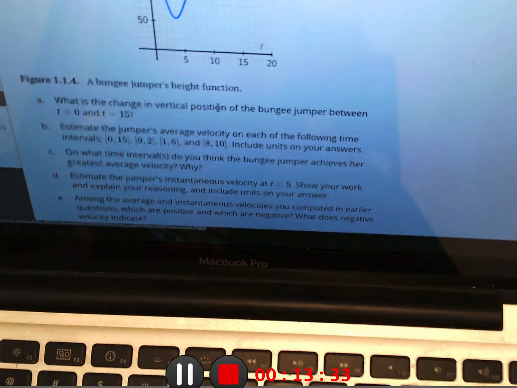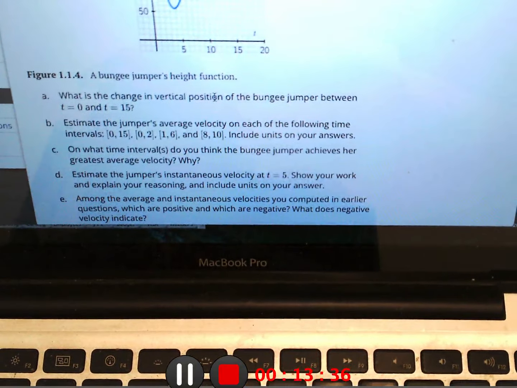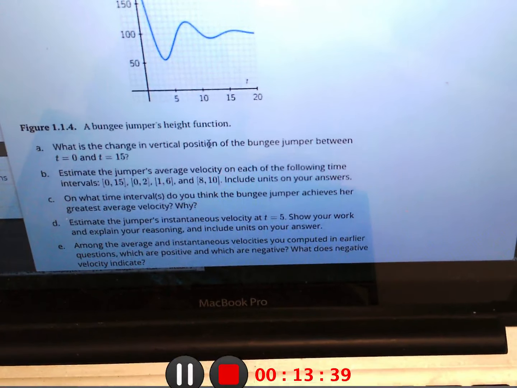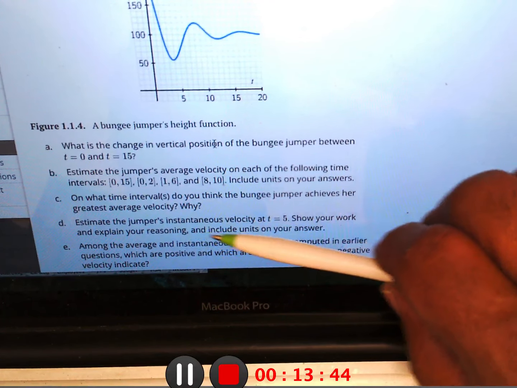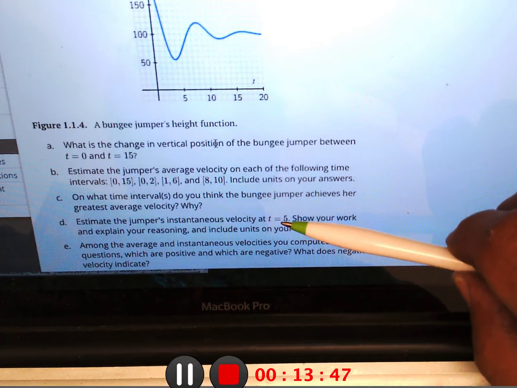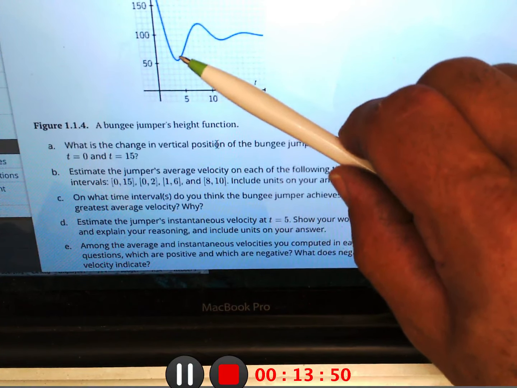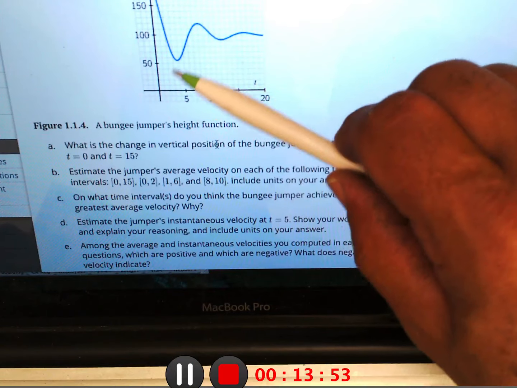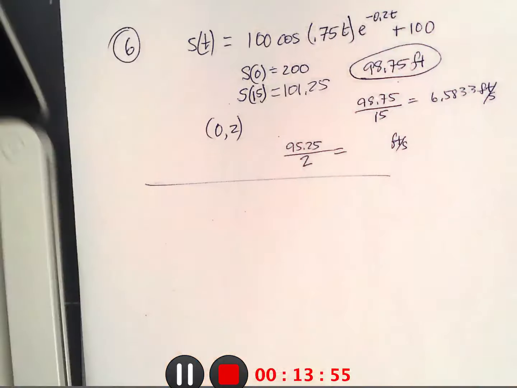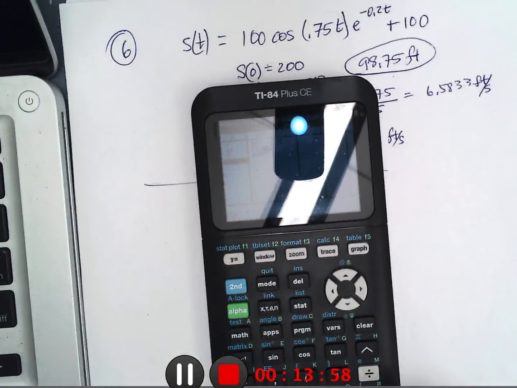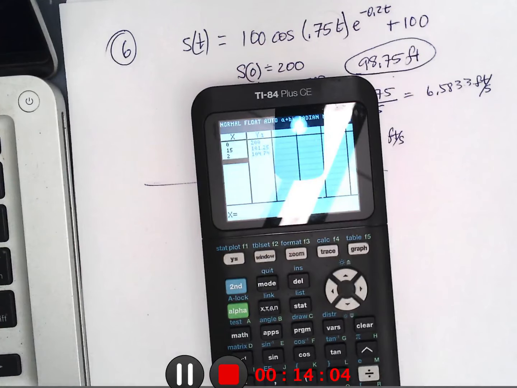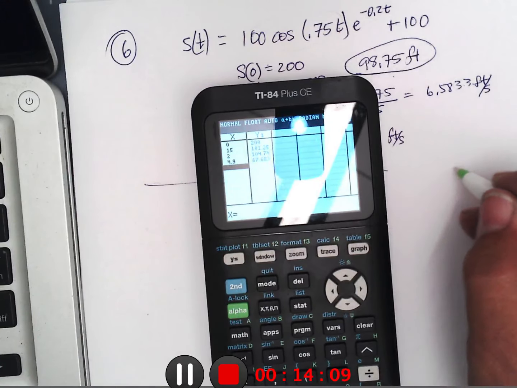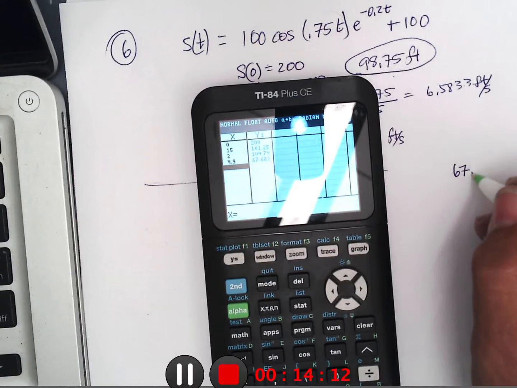Okay? Now estimate the instantaneous velocity at 5. Well, to do that, I would pick 2 points really close to 5 and figure out the slope between them. So let's do that on the calculator. Go to the table. Let's pick a number close to 5: 4.9, which gives 67.683.